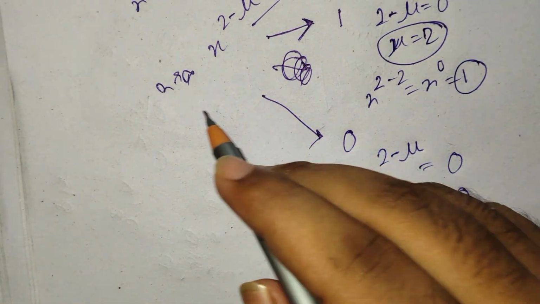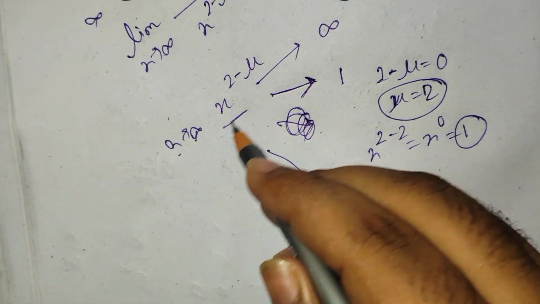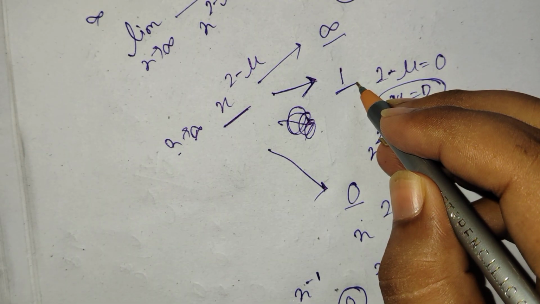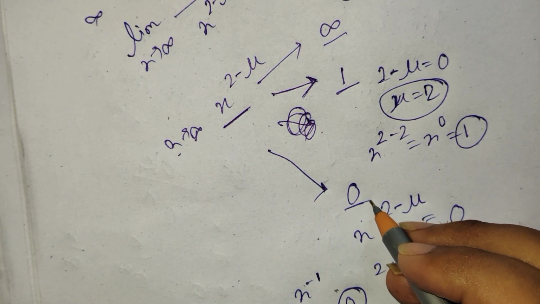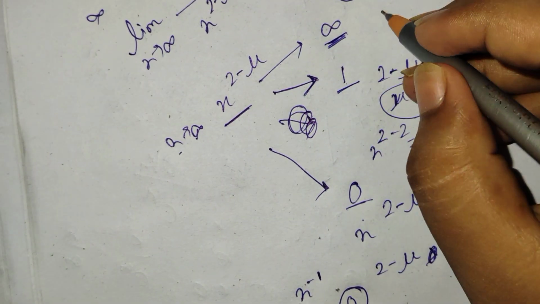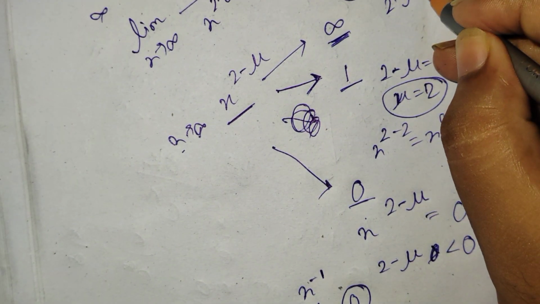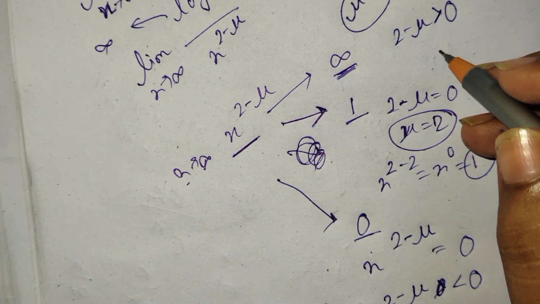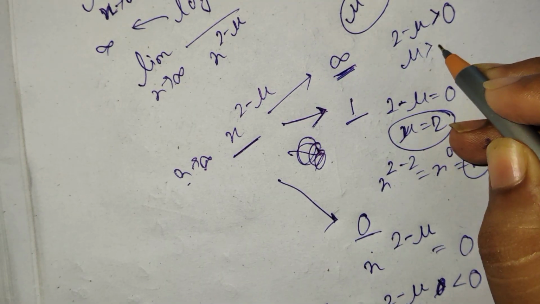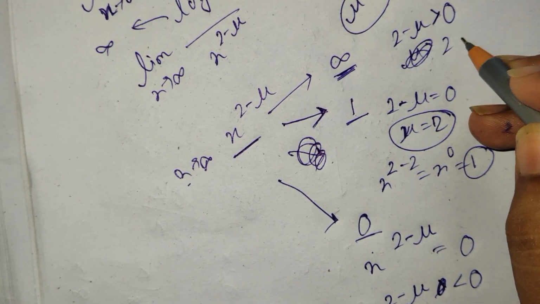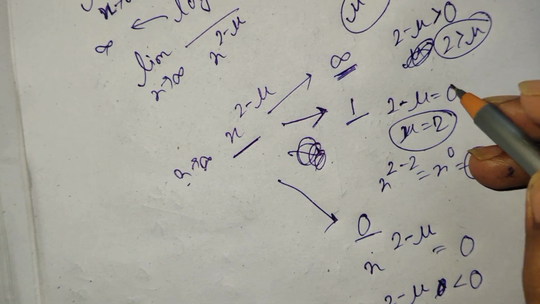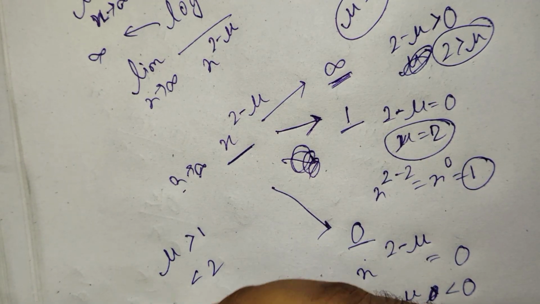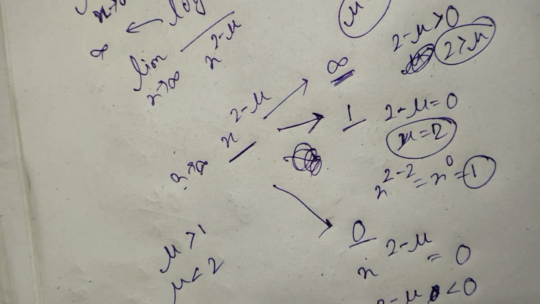So in that case, as x tends to infinity, this becomes infinity, 1 or 0. We had talked about 1, we had talked about 0, but we need infinity. And when will it be infinity? When 2 minus mu is greater than 0, then it will be infinity. So mu, sorry for a mistake, 2 greater than mu. So we have to take mu which is greater than 1 but also less than 2. So 1 less than mu less than 2.